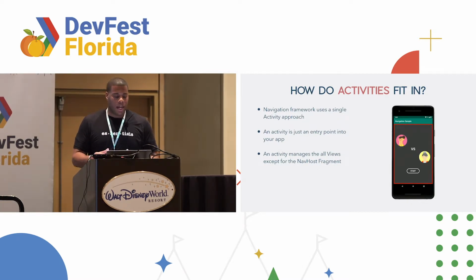So I think this is actually a better approach, and hopefully going forward, this framework is fleshed out a little bit more, where you can do more things, and more people actually use this, because going with a single activity approach is, I think, a little bit cleaner. And I would say probably most apps can live with just being one or two activities.